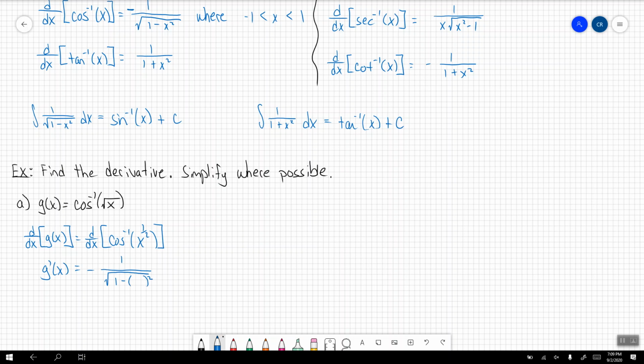Now, what is the argument of cosine inverse? Well, in this case, it's x to the power of 1/2. And then because the argument is made up of a composition of functions, we need to apply the chain rule. That means we still need to multiply by the derivative of x to the power of 1/2.